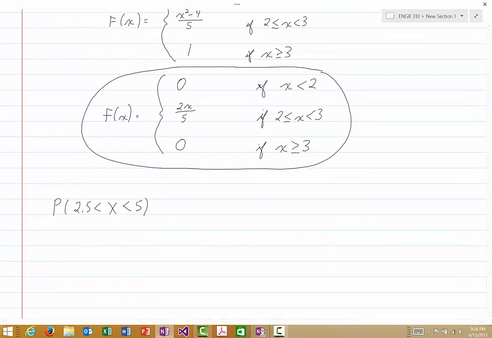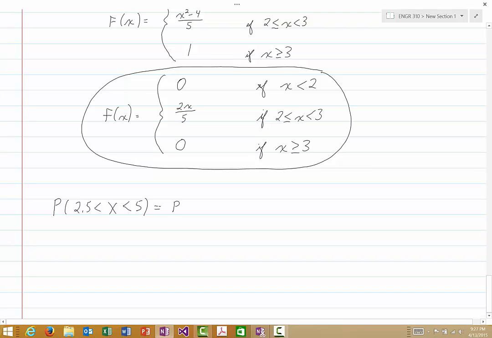So it doesn't really matter here if we put the less than or equal to in either of these cases, but the probability that 2.5 is less than x is less than 5, that's the probability that we want. And if we want to be real picky, then what I will say is this.